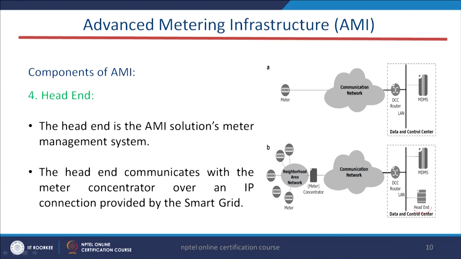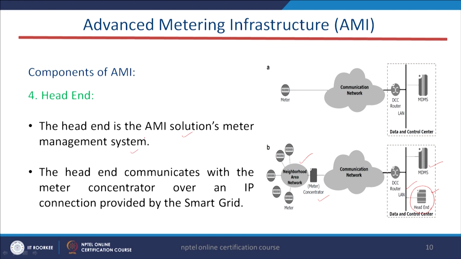And coming to the function of the head end. You could see here it is written head end. We already discussed what is MDMS, what is this LAN, what is this meter concentrator, and what is this NAN and the smart meters. So, another element or device is the head end. This head end is the AMI solution's meter management system.